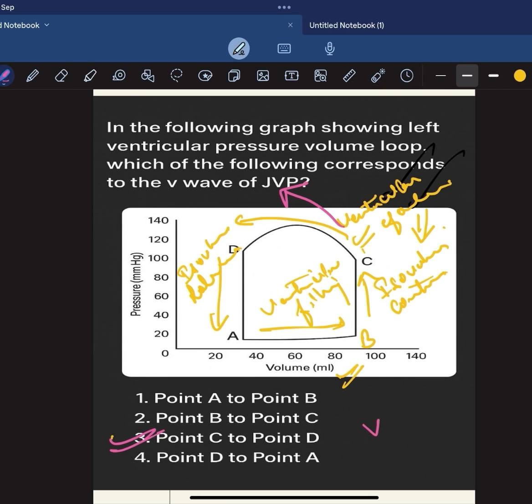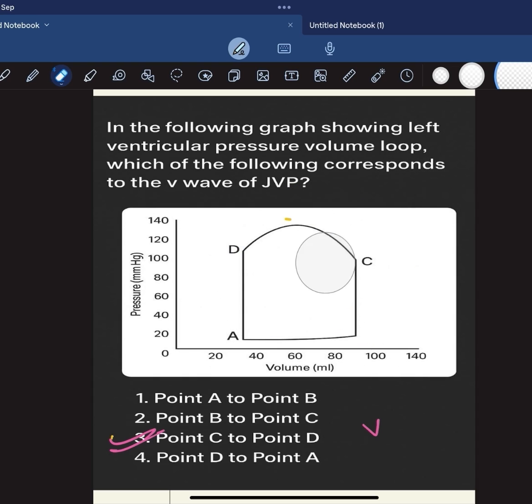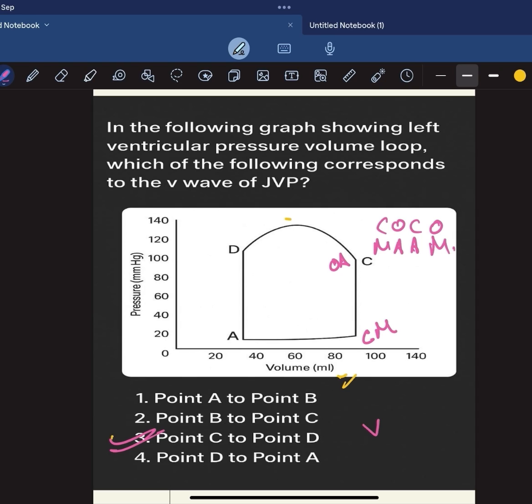But also if we see it with the mnemonic, COCO MAM, that is the mitral valve closure, opening of the aortic valve, closure of the aortic valve, and the opening of the mitral valve. So from point C to D, the venous filling of the atrium would take place, since the aortic valve is open here, ejecting the blood from the ventricle to the aorta, which would further lead to the venous filling of the atrium. So this is the question here.